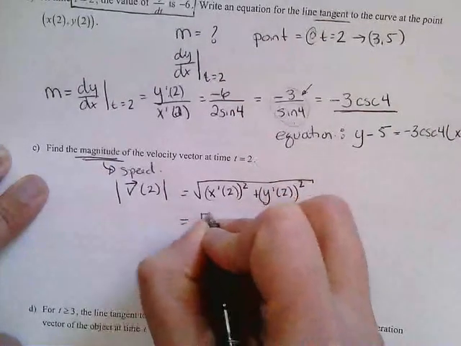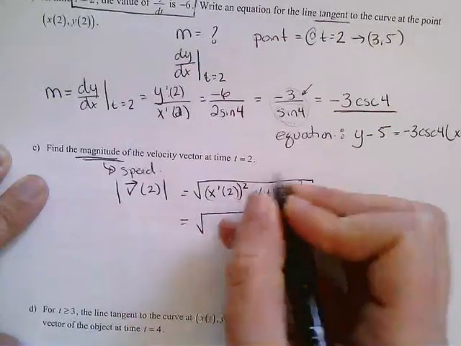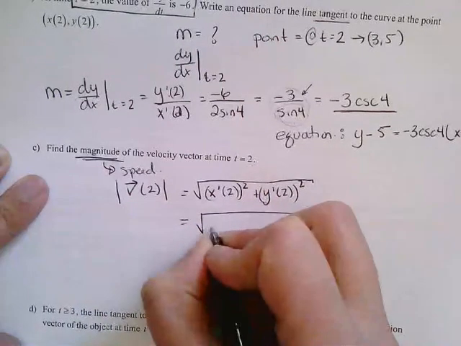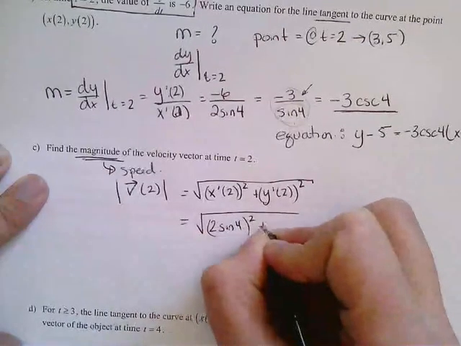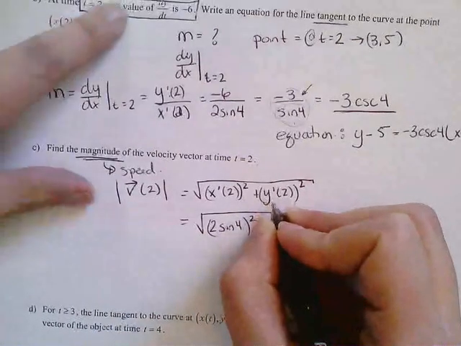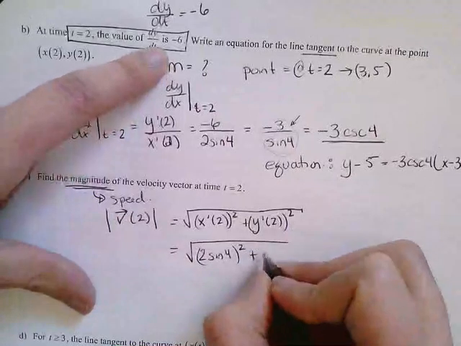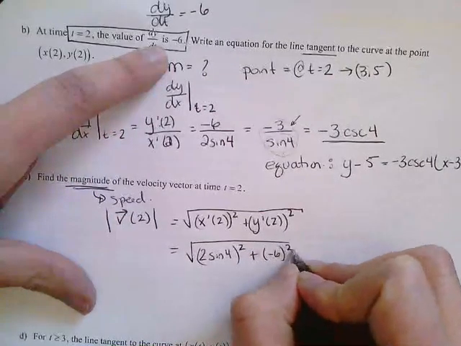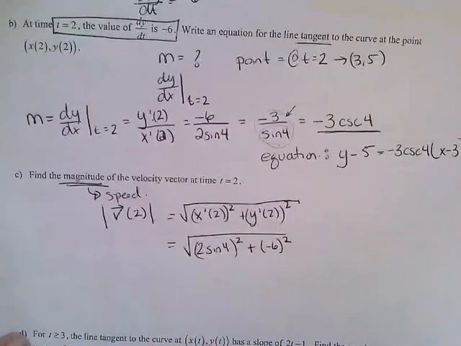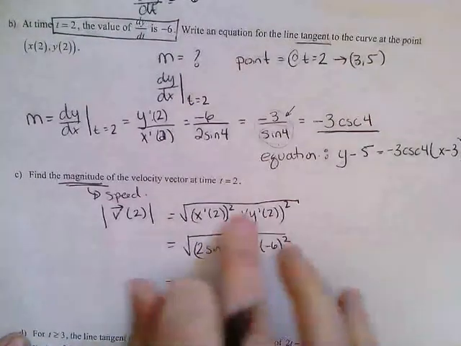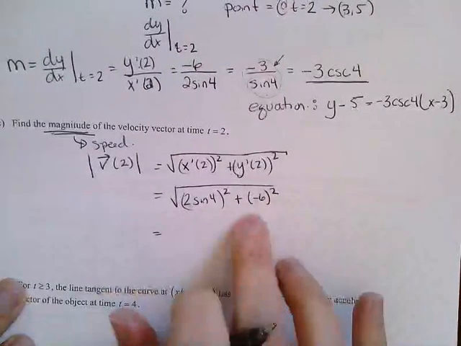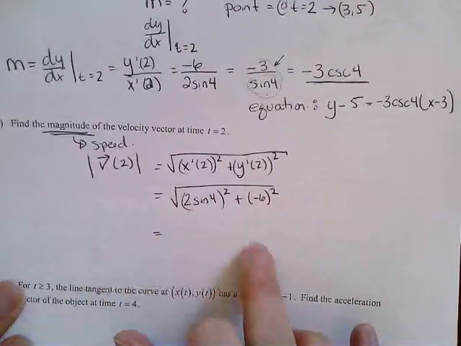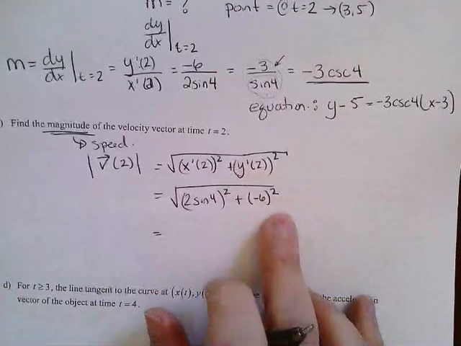And here, we already know that x prime of 2 is going to be 2 sine of 4, and we need to square that. Plus, we know y prime of 2, they gave it to us up here, it's negative 6 squared. And do this whole thing in the calculator. Be careful of rounding. Don't do individual parts and then add them up and then take the square root. Try to plug it all into the calculator and get the answer.